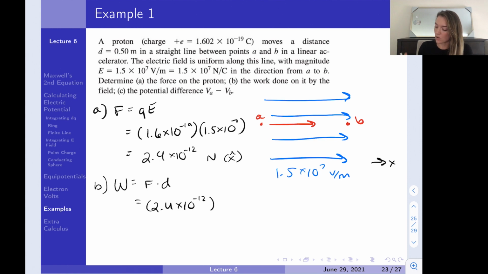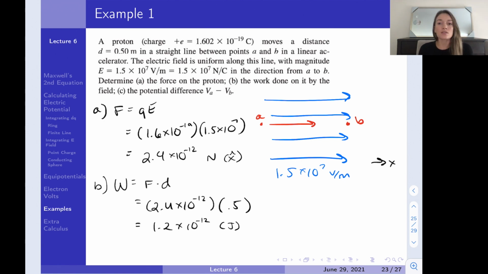We're dotting it along the same direction, right? The displacement is also in the positive x direction, the way we have it set up here. And it's a distance of 0.5 meters. So just multiply those two numbers together, and we get 1.2 times 10 to the negative 12. And this will be in joules.